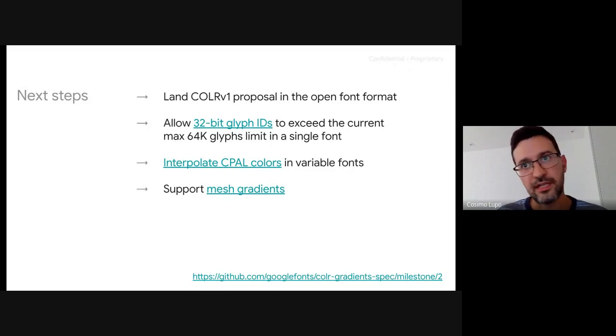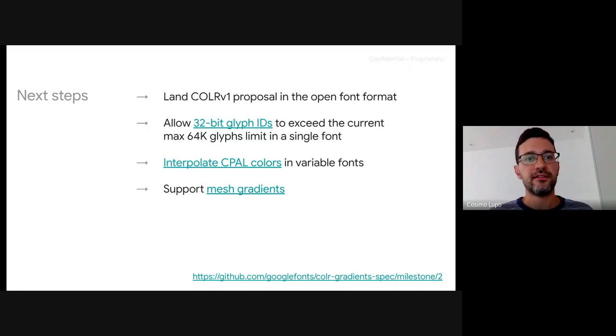So this would allow us to solve an issue relating to color fonts specifically, since we are using a glyph slot for each of the layers, and we can potentially exhaust the available pool of glyphs in a given font file. So hopefully by raising to 32-bit, we can work around that. And it would solve also other issues like CJK or Pan-Unicode fonts, but we'll see.